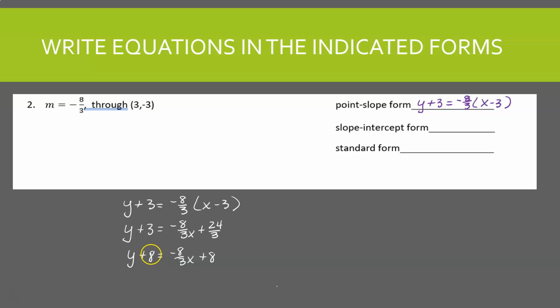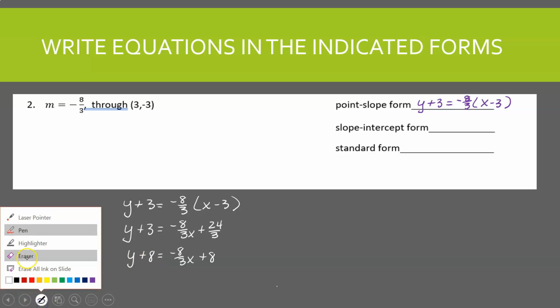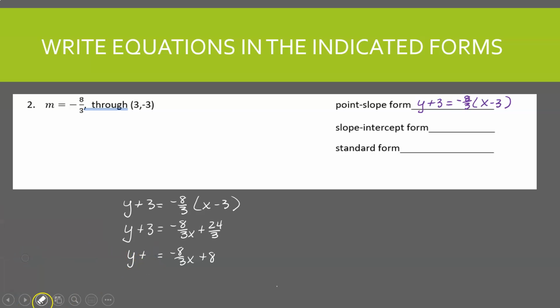Oop, this is 3. I don't know what I was thinking. This is still 3. So now I'm going to subtract 3. So I have y equals negative 8/3 x plus 5.